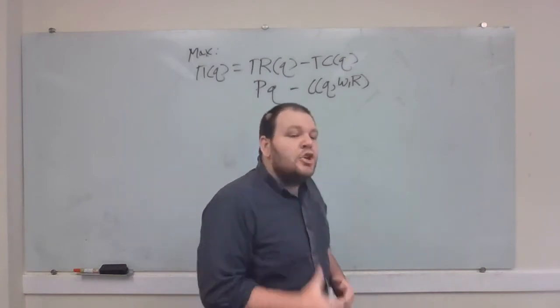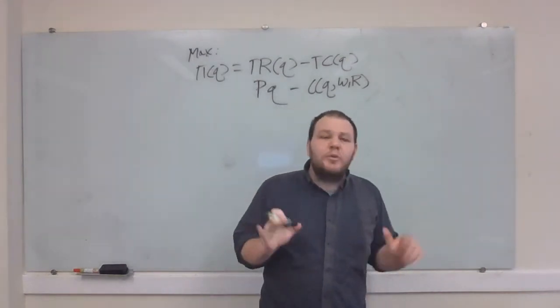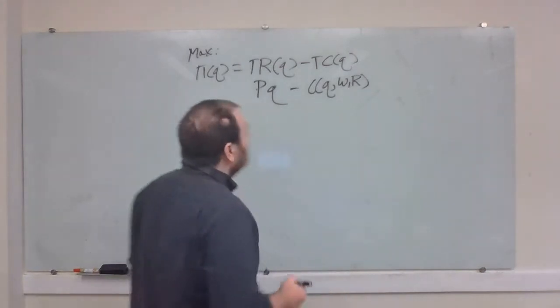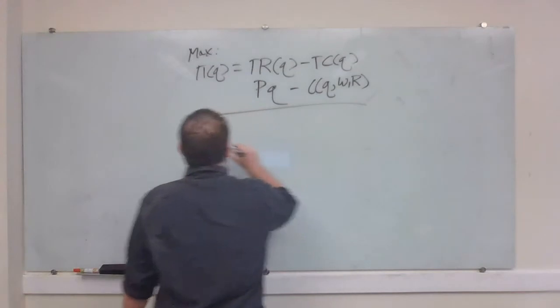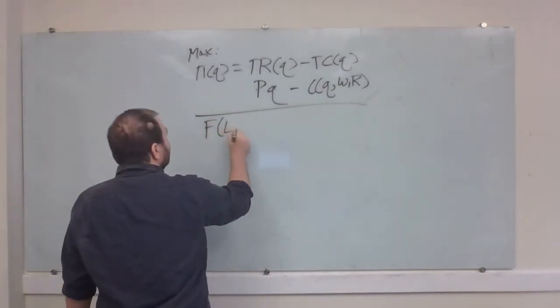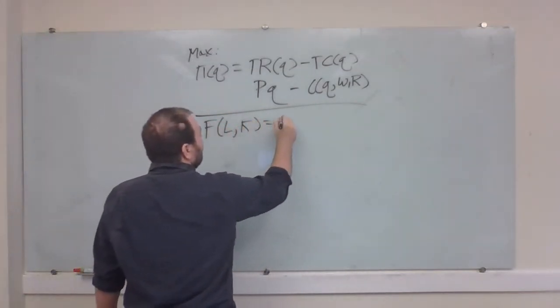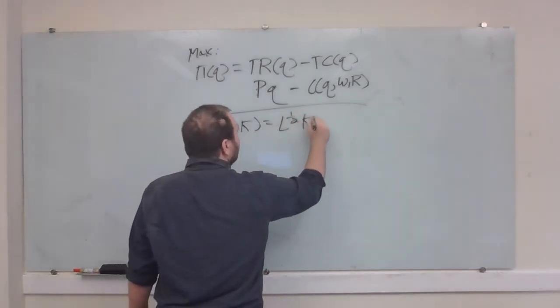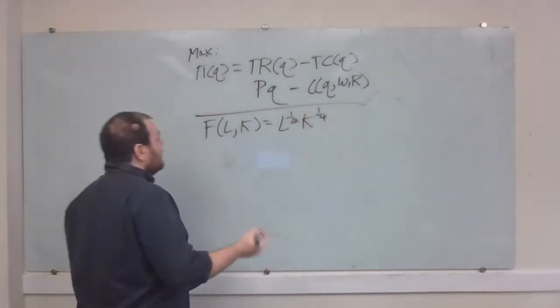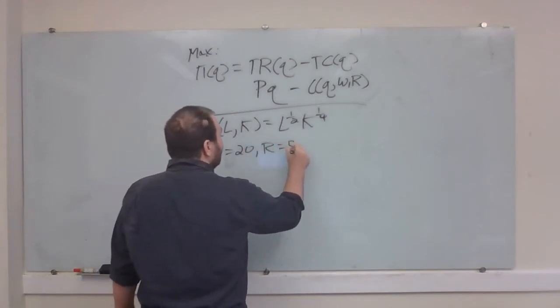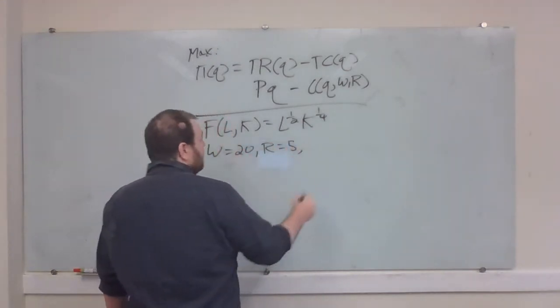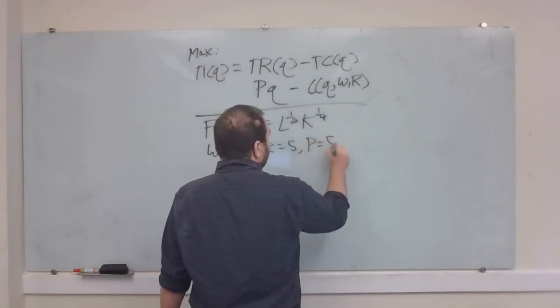Cool. So to think about this clearly, let's go back to a fairly simple example, where we have a production function like f(L, K) = L^(1/2) * K^(1/4), right? And we can have a wage rate of, let's say, 20, a rental rate of 5, and a price of output equal to 50.